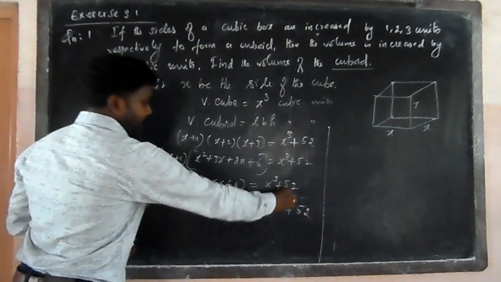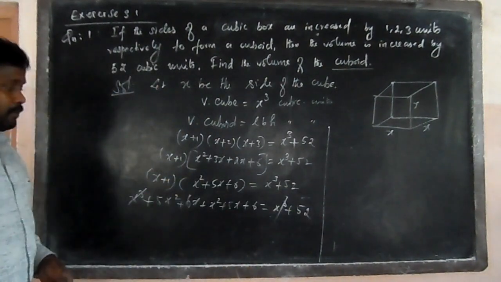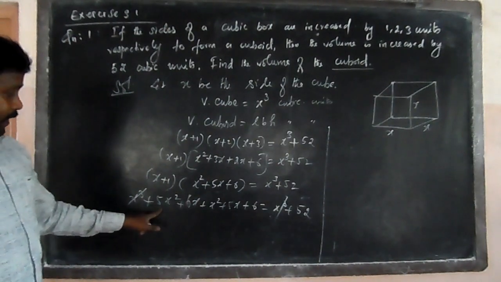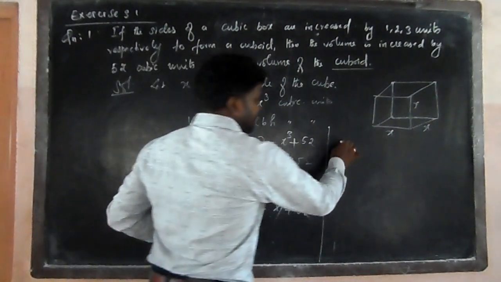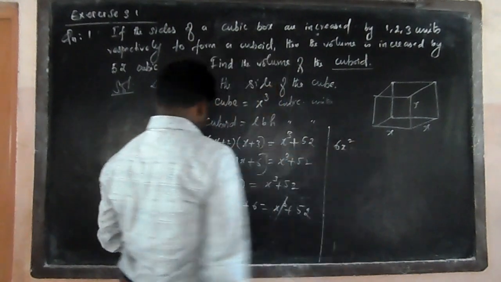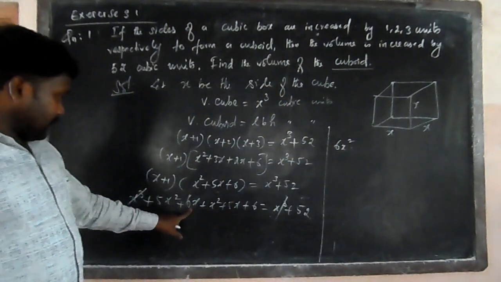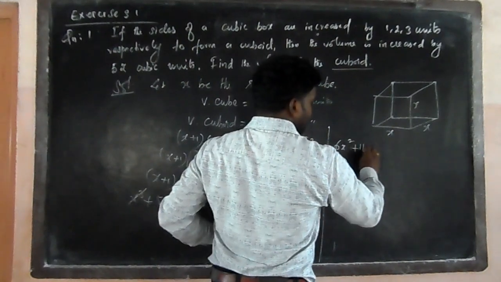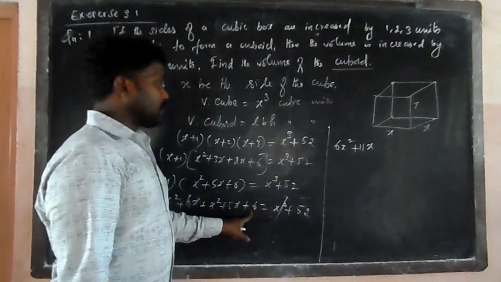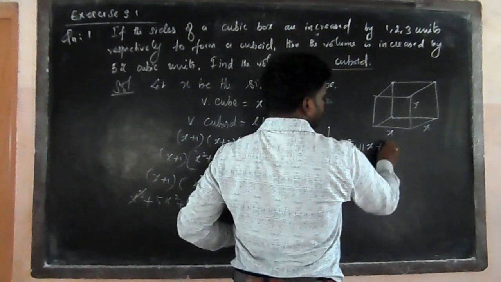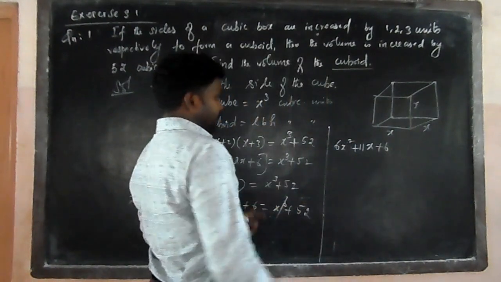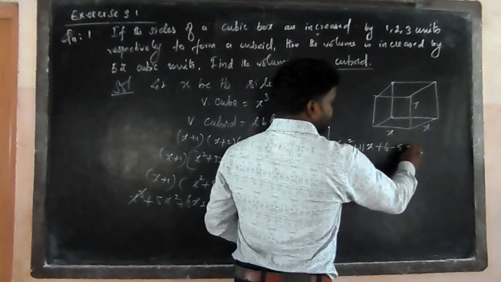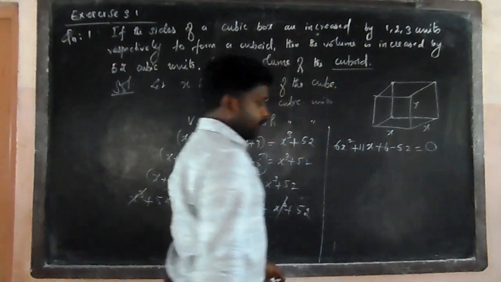Here x cube cancels. Moving terms to the other side changes the sign. So the remaining is 5x square plus x square, which is 6x square. Next is 6x plus 5x, 11x. Next is 6 minus 52 on that side, equal to 0.